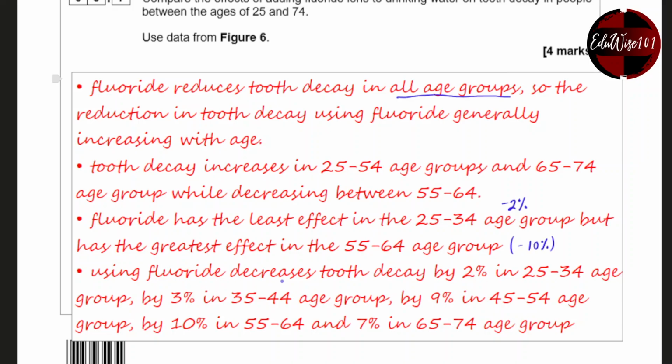And using fluoride decreases tooth decay by 2% in 25 to 34 age group, 3% in 34 to 44 age group, 9% in 45 to 54 age group, 10% in 54 to 64, and 7% in 65 to 74 age group. I literally wrote down all the values that I wrote down on the graph above.